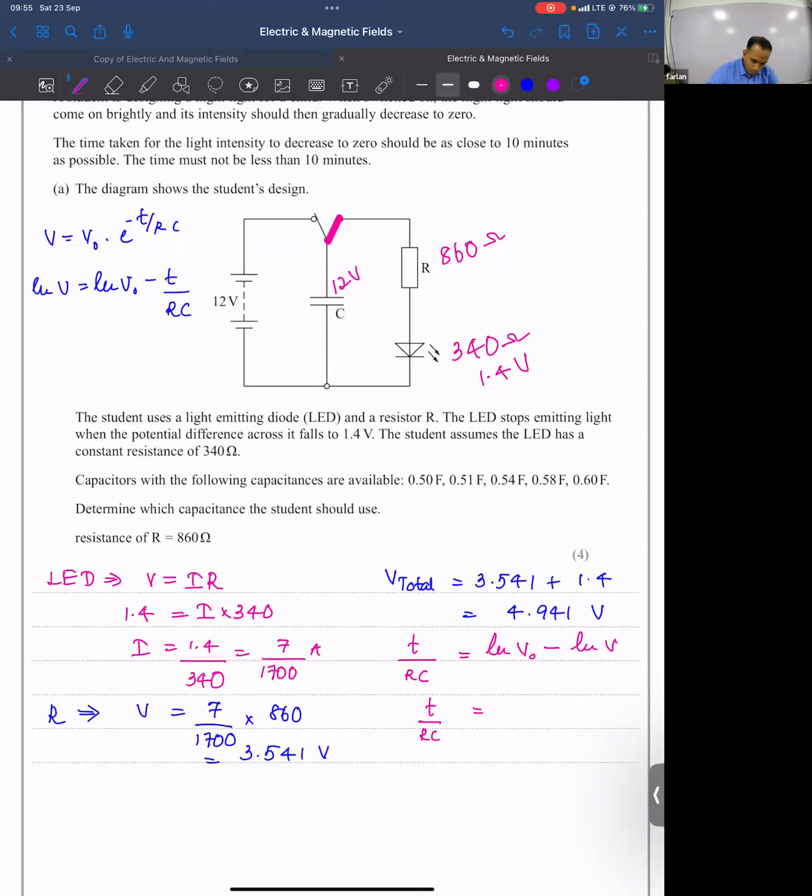That I'm getting 0.8873. This is T over RC. Okay. Right.